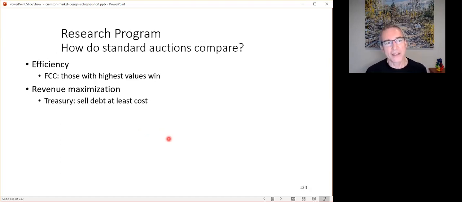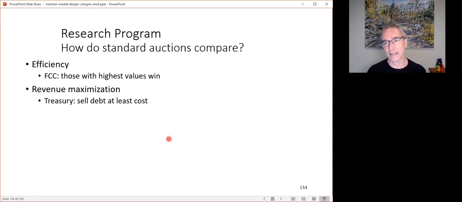In looking at these different auction forms, two of the main issues that economists look at are efficiency and revenue maximization. There are certainly other important issues, such as transparency, simplicity, and fairness, as I mentioned before, but economists have focused primarily on efficiency and revenue maximization. Sometimes efficiency is the right objective.